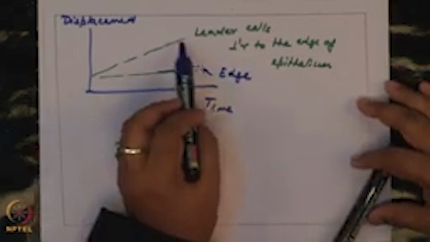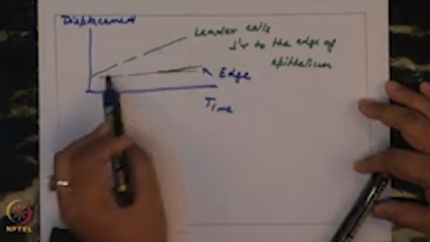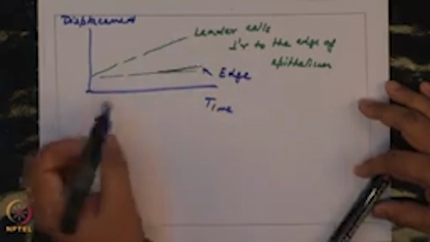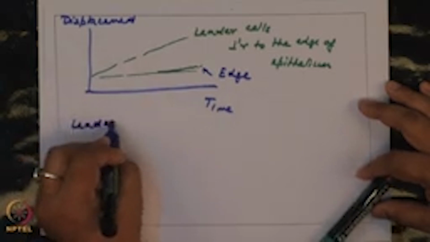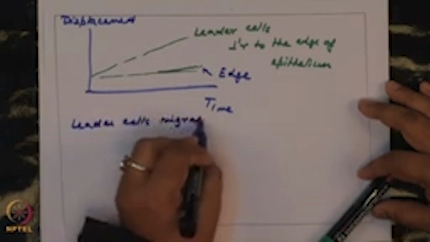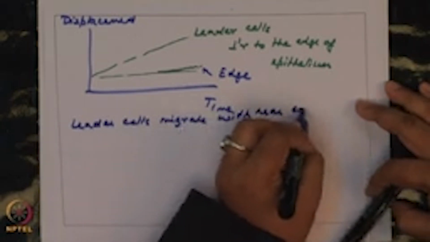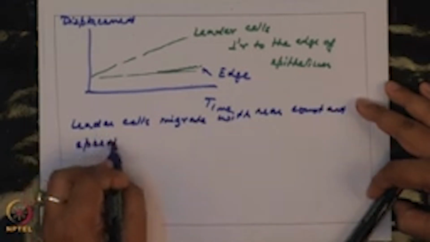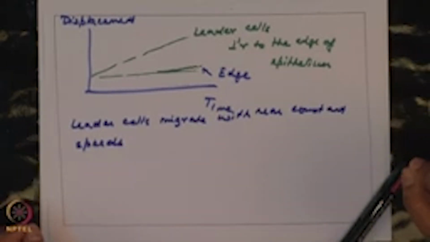One important thing for the leader cells was that this line was almost a straight line, which meant that the slope is constant. So, leader cells migrate with near constant speeds. These are the two important things that you learn from it.